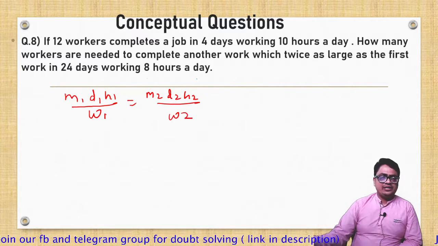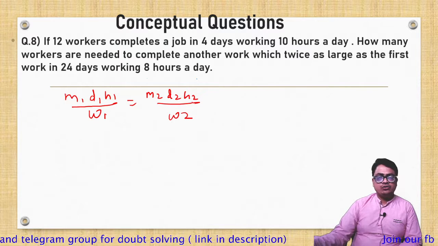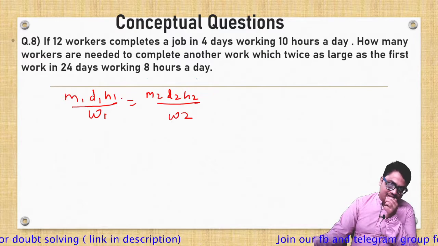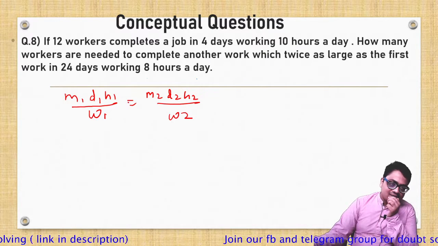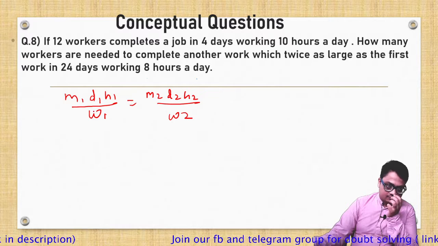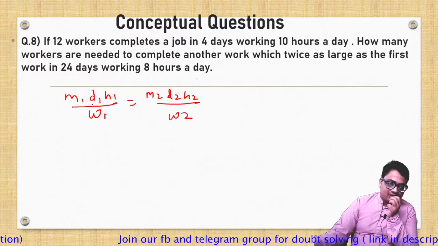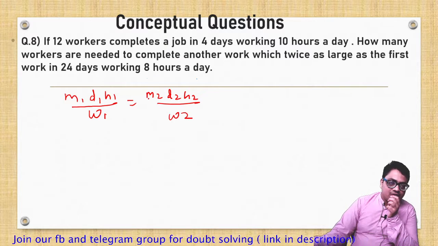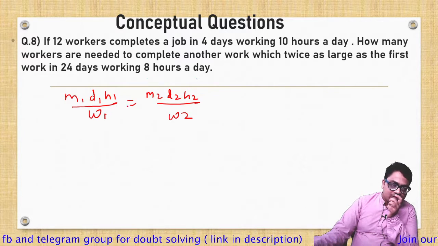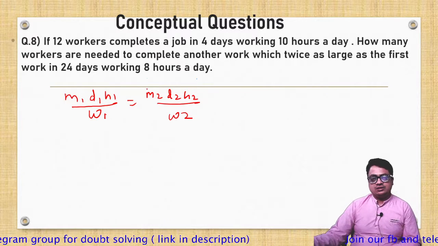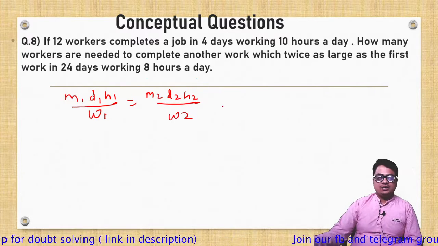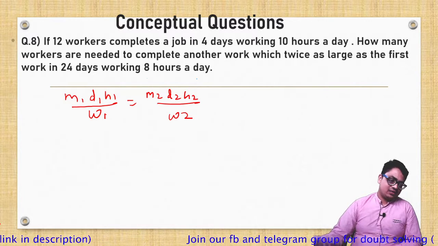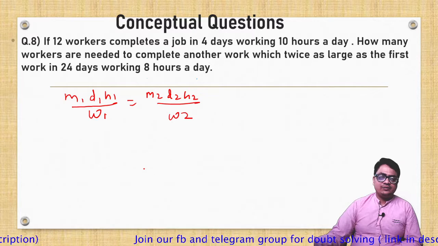M1 D1 H1 by W1 equals M2 D2 H2 by W2, or simply you can write M1 D1 H1 divided by M2 D2 H2 equals W1 by W2. That you can do, but we will remember this one formula. Whatever you are comfortable with, remember that.